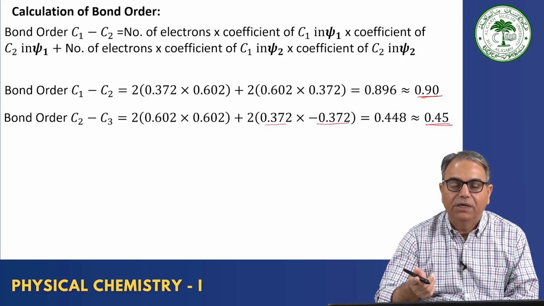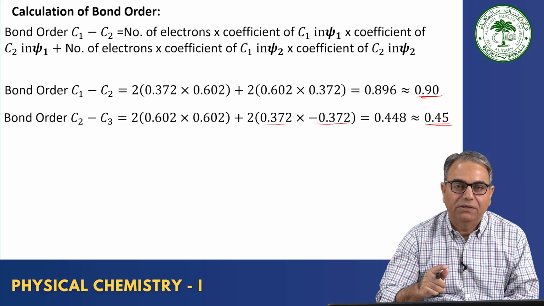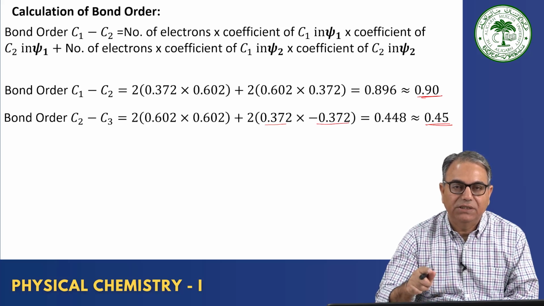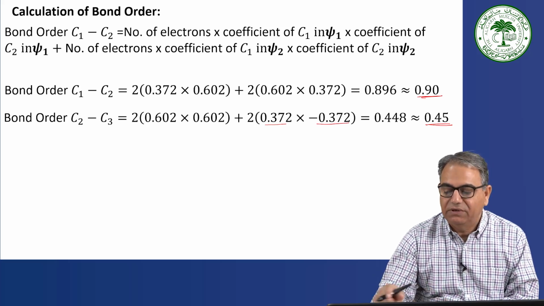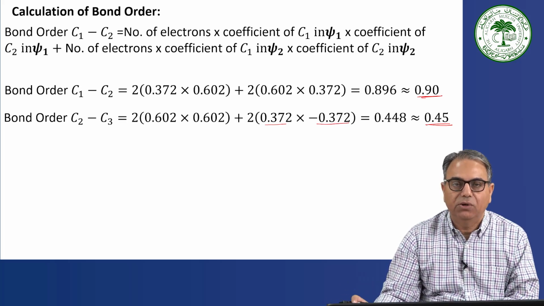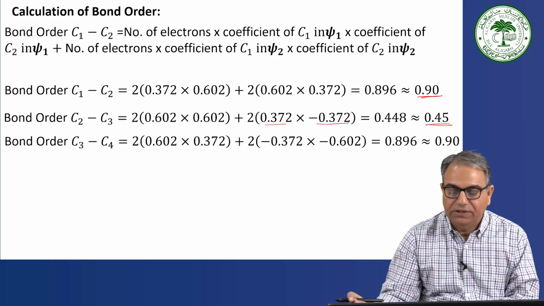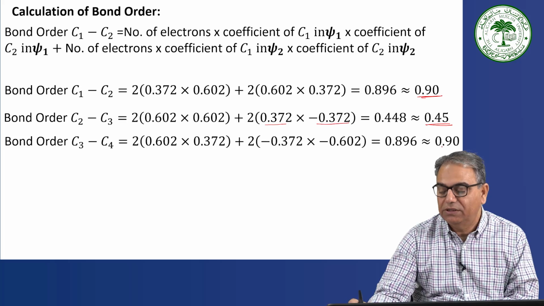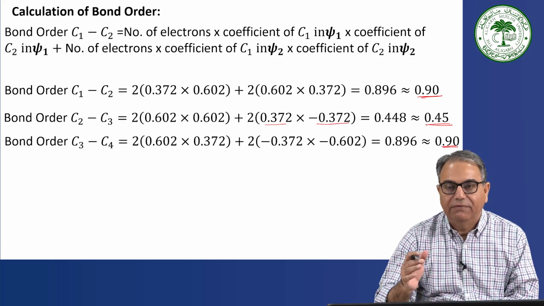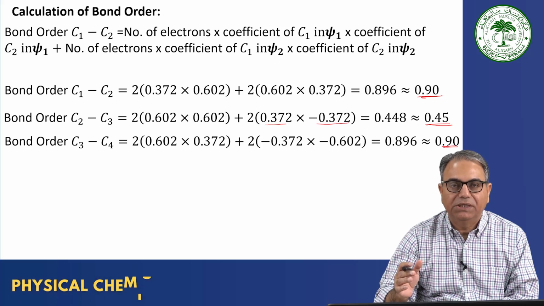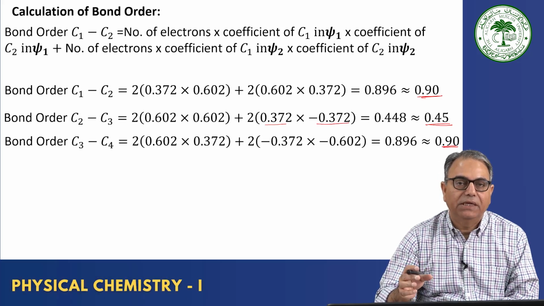And what you know is that in 1,3-butadiene you have the double bond character between C1 and C2 and between C3 and C4. C2 and C3 will have a very small amount of double bond character, and that's why its bond order is 0.45. That's expected. Between C2 and C3 the bond order should be less. If you go for C3 and C4, again the bond order you get is 0.90. So this way all the expected properties of the molecule we have got by HMO approximation for the butadiene molecule.